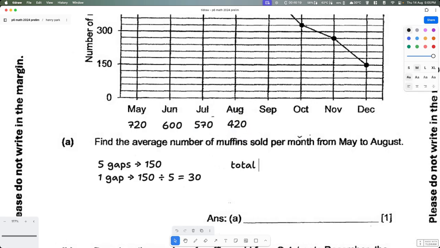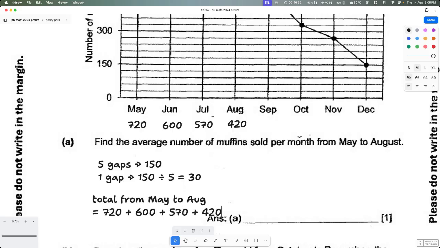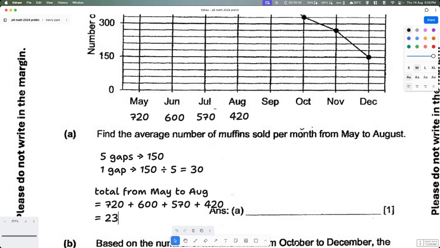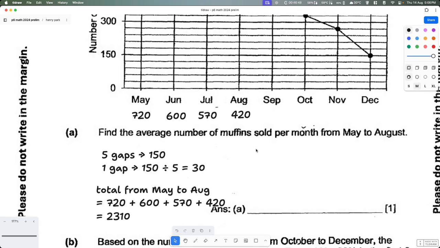The total from May to August is equal to 720 plus 600 plus 570 plus 420. Let's use the calculator. This will give us 2310, right? So then we'll get the average.